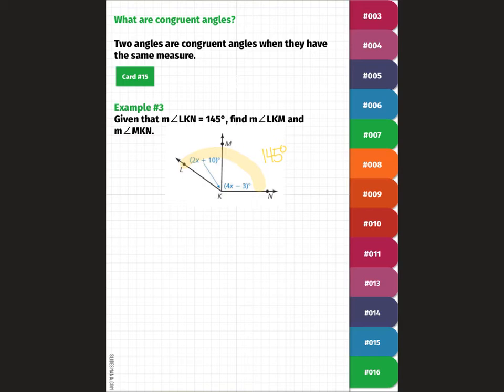It says that the measure of angle LKN is going to be equal to the measure of angle LKM plus the measure of angle MKN. So the whole thing is equal to this angle on the left plus this angle on the right. And now I can fill those values in.